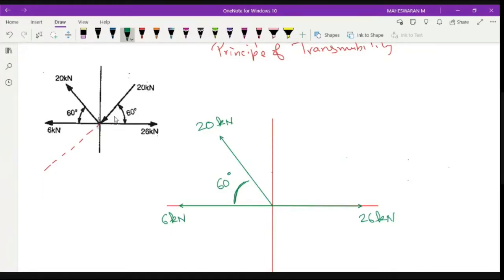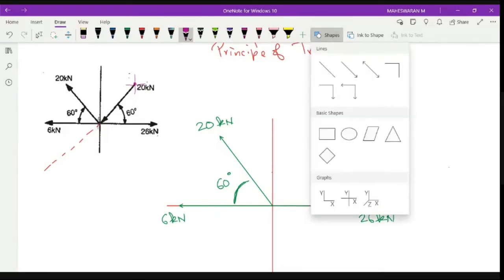And this 20, the arrow is touching the origin, so I have to put a plus sign at the beginning of the force. You can see that this force is in the third quadrant, and you can see the 60 degree with respect to x-axis.